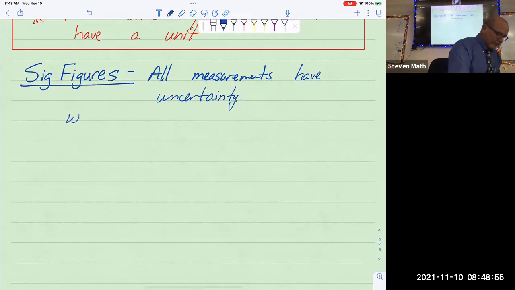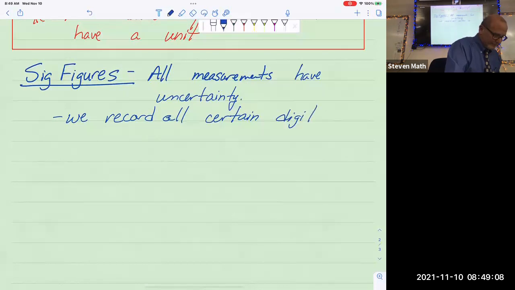So we can record all the certain digits, then estimate the last.